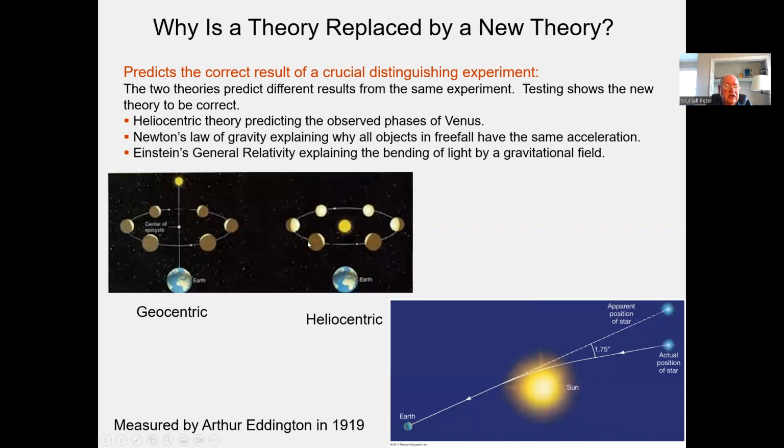Whereas in the heliocentric system, Venus is going all the way around the sun for us. And it is sometimes backlit and it is sometimes fully lit. And so we would get the full phases, we would get the half Venus, we would get the full Venus, just like the moon. And this is what Galileo saw with the telescope, something that was not predicted and was not explainable by the geocentric system.